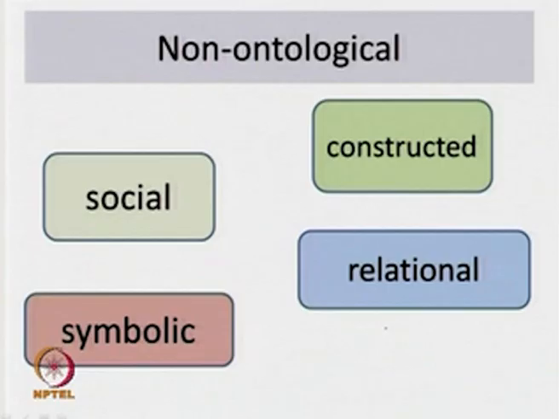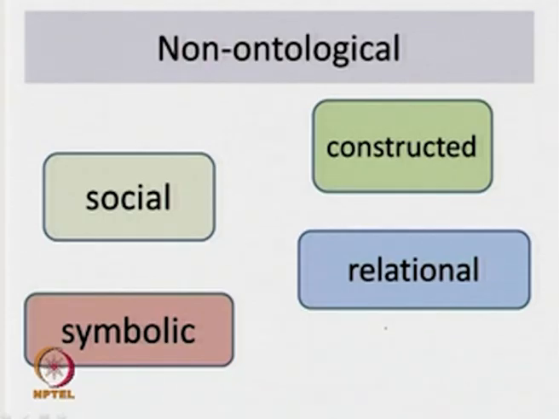Therefore, now we need to further theorize it, and we need to understand the last one, the constructionist approach, as a non-ontological approach. You will recall that we have come across the word ontological over and over again.